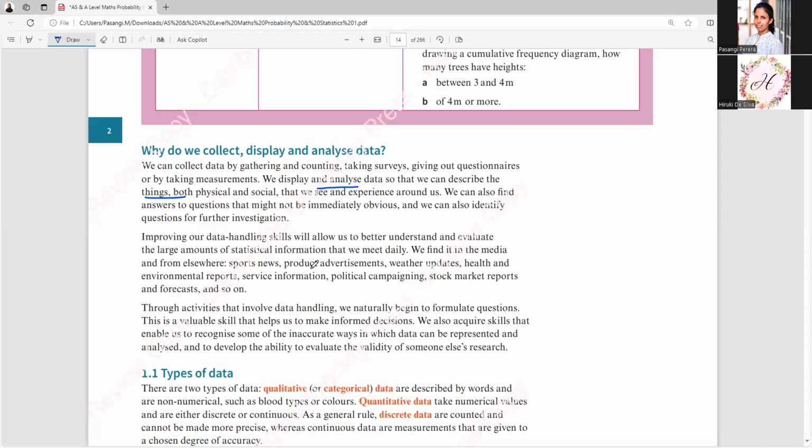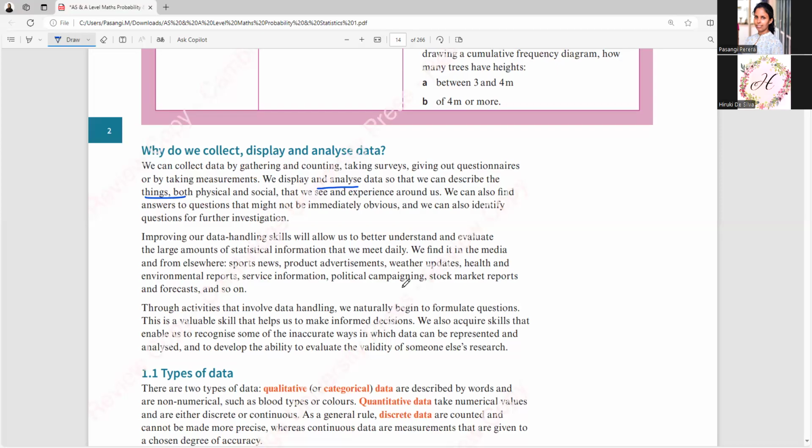We find it in the media and elsewhere: sports news, weather forecasting news, product advertisements, health records, and environmental reports. Those are different domains where data is actively updated.